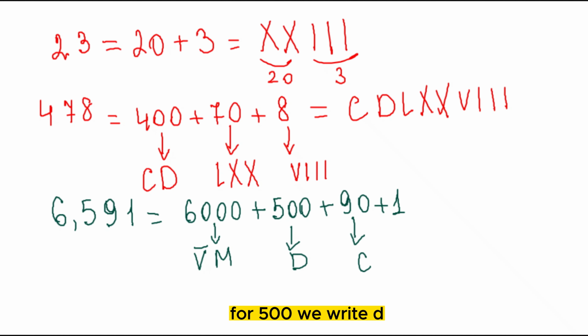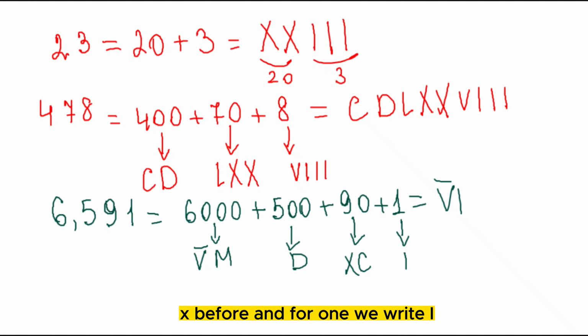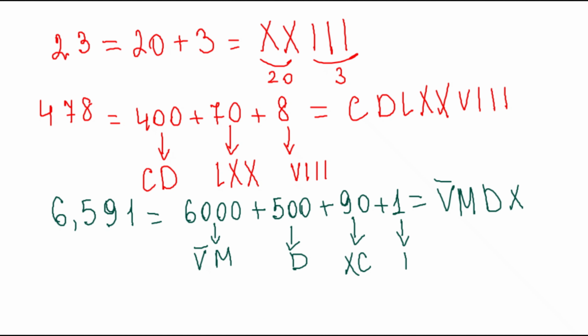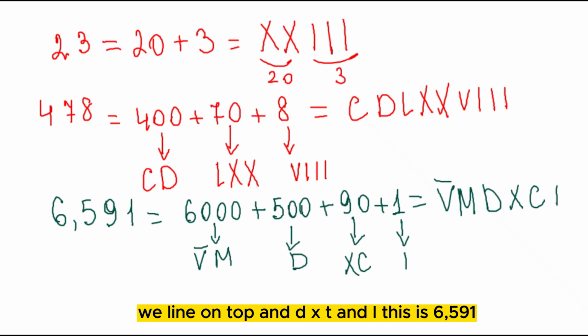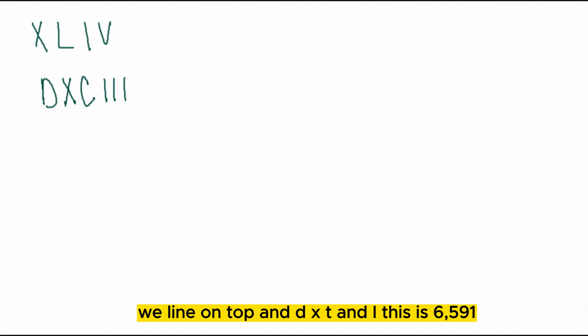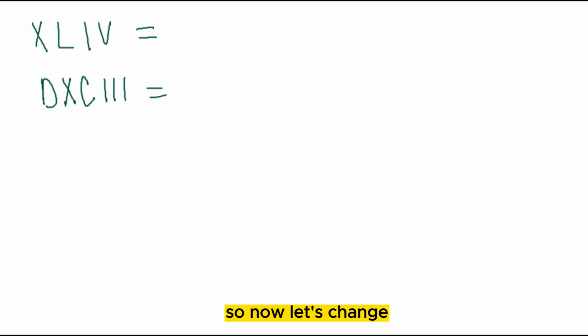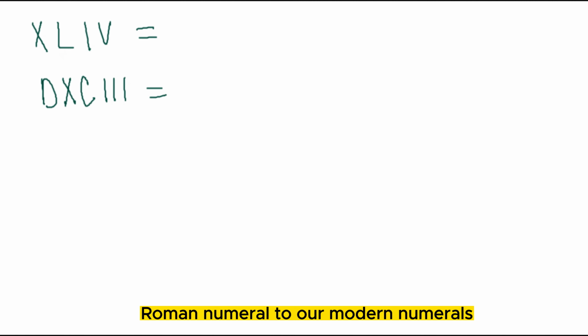For 500, we write D. For 90, we write C and X before. And for 1, we write I. Let us join them. We have V with a line on top, M, D, X, C, and I. This is 6,591.